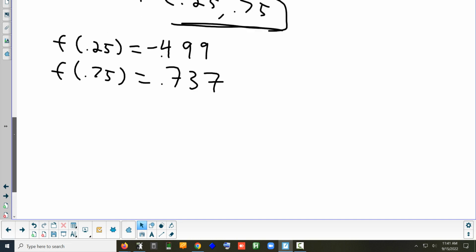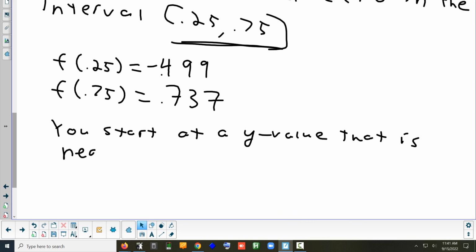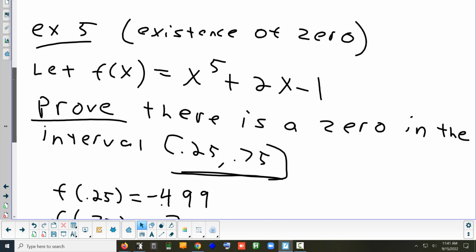So, the way I would write this down is, you start at a y value that's negative and end at a positive. The function that we're using is continuous. If it wasn't continuous, this wouldn't work. But the function we're using is a 5th degree polynomial.